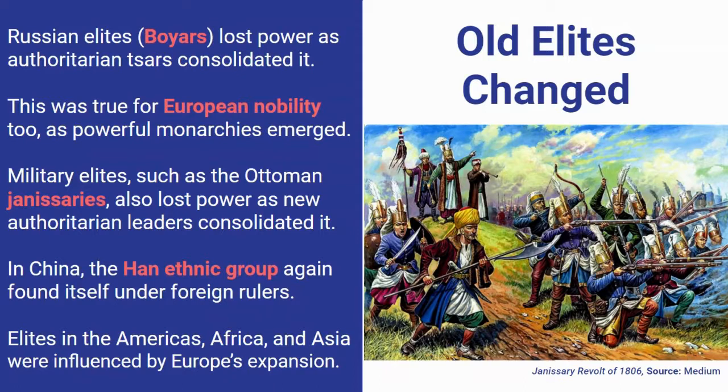In China, remember, you had the Han ethnic Chinese who found themselves now under Manchu rule, so that's an entire overthrowing of the social elite class and being replaced by a new one.